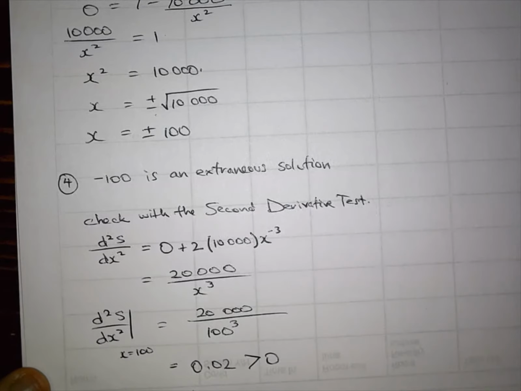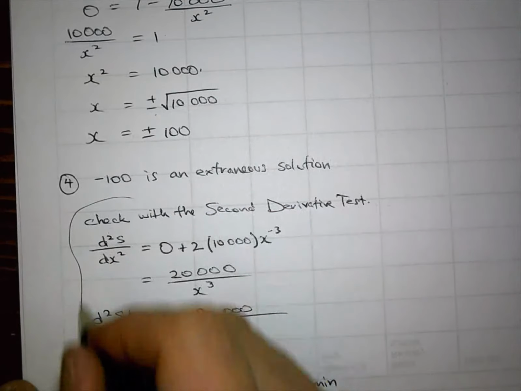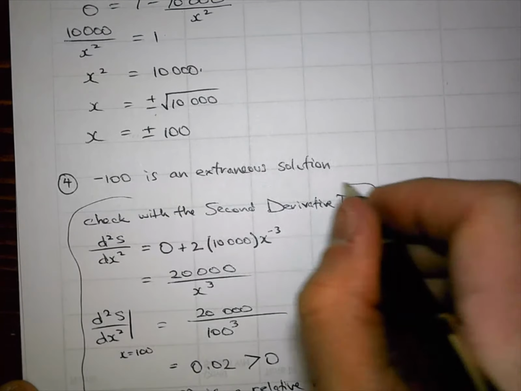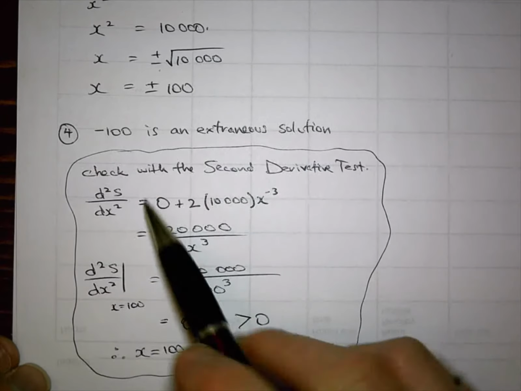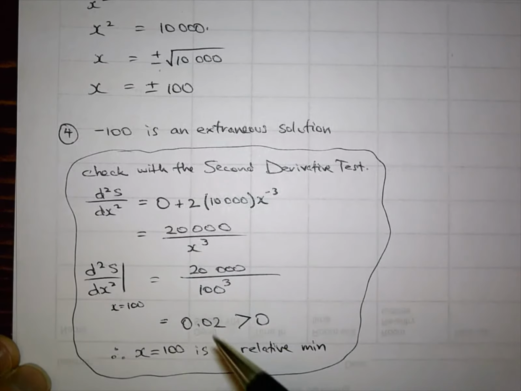Therefore, x equals 100 is a relative min. So that was the second derivative test. Not necessary. Usually in an IB question, it'll be stated that you have to do this, but I'm just showing you how that step would work.